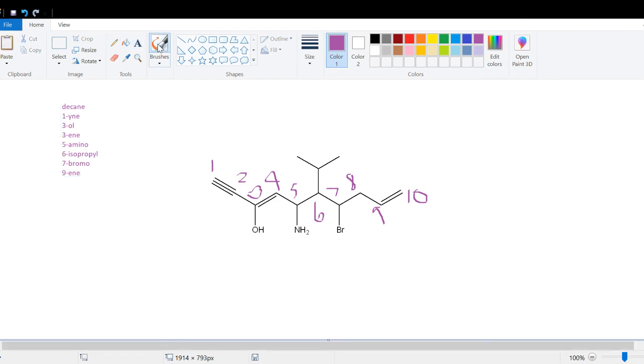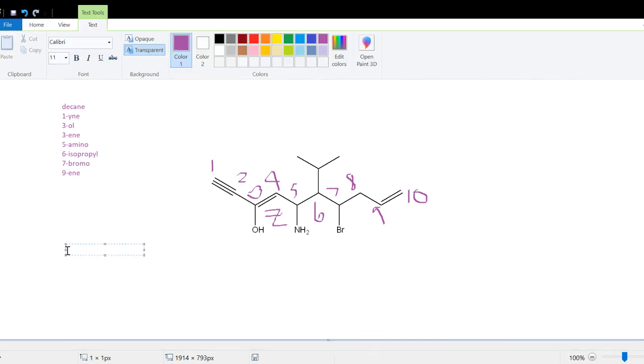If I look at this group, and this group would have the highest priority using the Cahn-Ingold-Prelog rules, they're on the same side of the molecule, so that would be Z stereochemistry on that alkene right there. So now we just have to put it together.